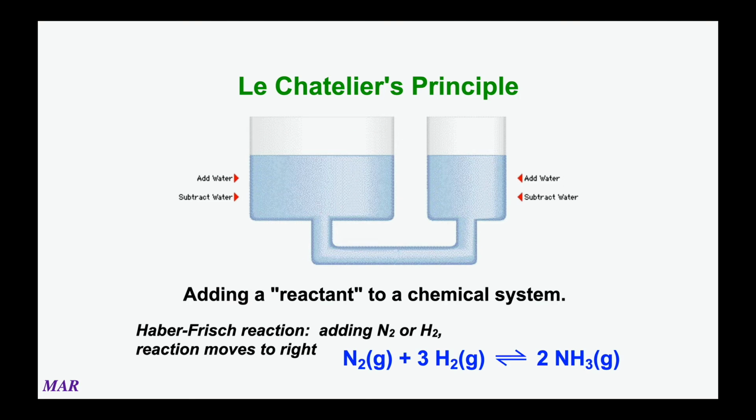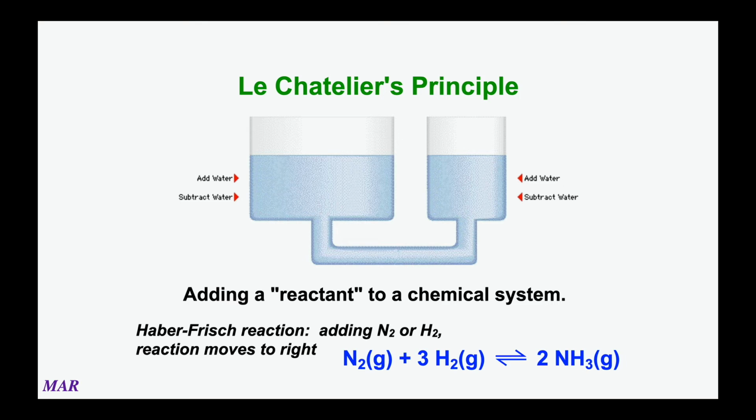In this example, the water U-tube was totally at equilibrium, and we decided to add some reactant. So maybe we added N2, maybe we added H2, whatever. But the important thing here is we added a lot of water. Well, the water is going to push down on that U-tube, and in the process, the product side, the right side, goes up, and the reactant side goes down a little bit.